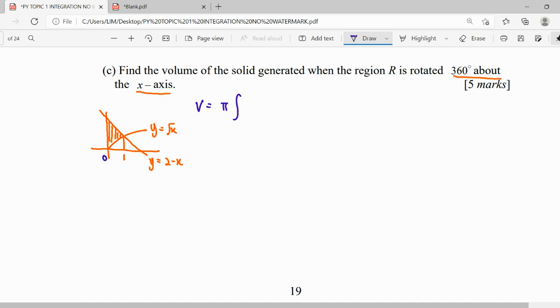And we will integrate with reference to the x-axis. You can see our region here starts from 0 until 1, but we have empty space here, which means we take our line, 2 minus x, squared, minus our other function. Our function has to be squared when we find our volume.